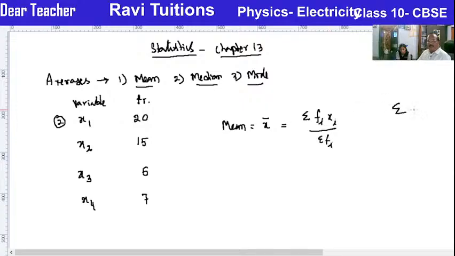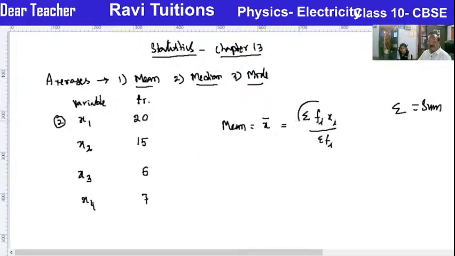Sigma stands for sum. So 1, 2, 3, 4, this is i. And xi means x1, x2, x3, x4. These 1, 2, 3, 4 are replaced with i. So this is the formula. This formula we have already done in 9th class.